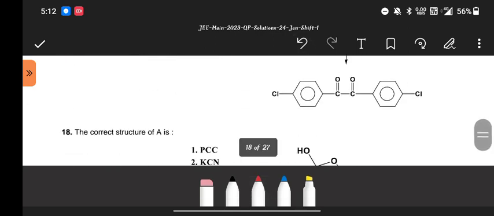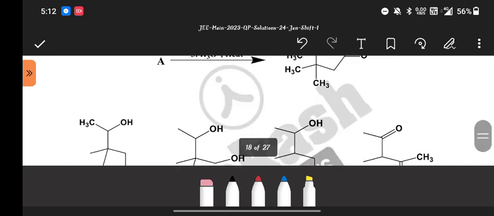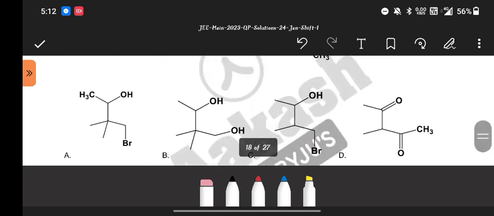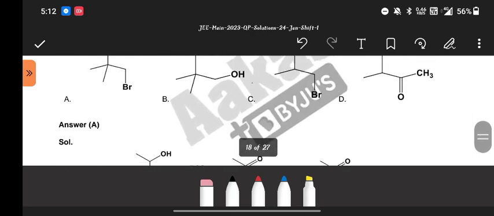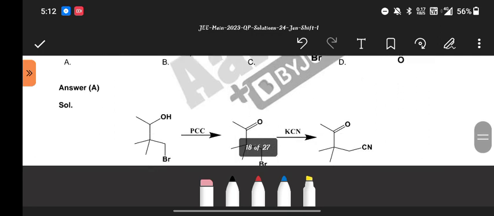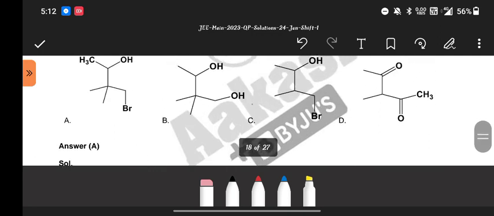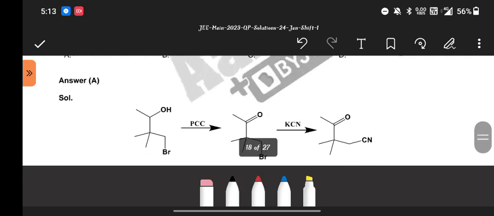Okay, moving on to our 18th question. Here they have asked: what will be the correct structure of A? The product they have given, the reactant we have to find. Options they have given are option A, B, C, and D, you can see it out here. If it is like option C or option A, it will become like this.